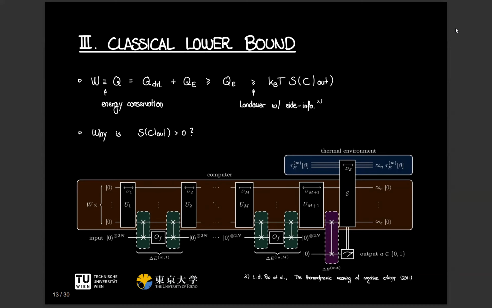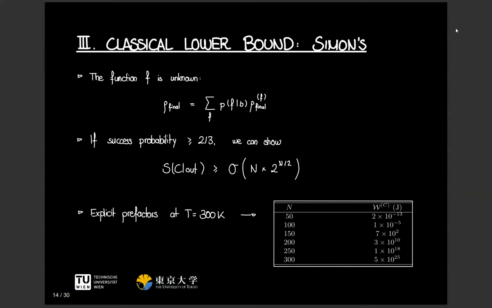And then we can use the equation for the energy consumption, lower bounded by the entropy that you have accumulated in your computer's memory, and ask the question, why does this have to be non-zero? The reason is you don't really know the function, you just know whether it's 1-to-1 or 2-to-1.